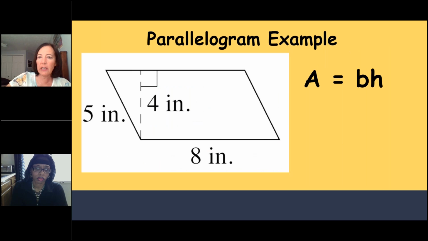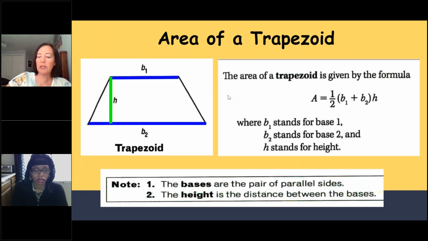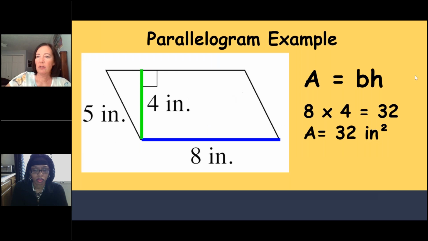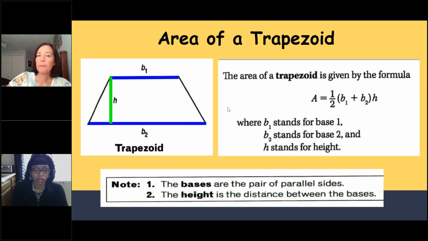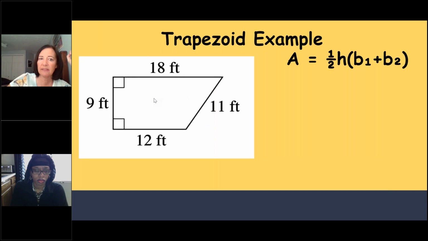So the formula, parallelogram, here is an example. You take the base times the height, and that one was 32 inches squared. But the trapezoid is really tricky. We've got two different bases, so we need one measurement that represents the base.